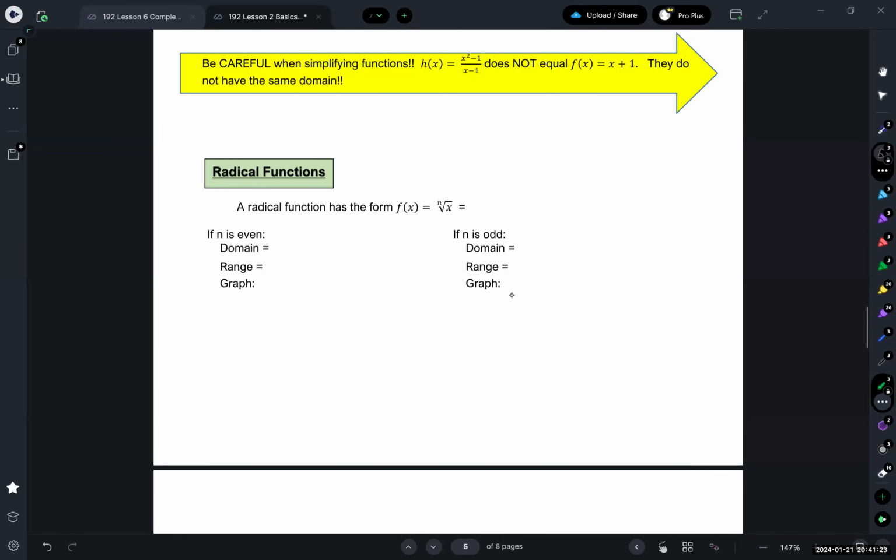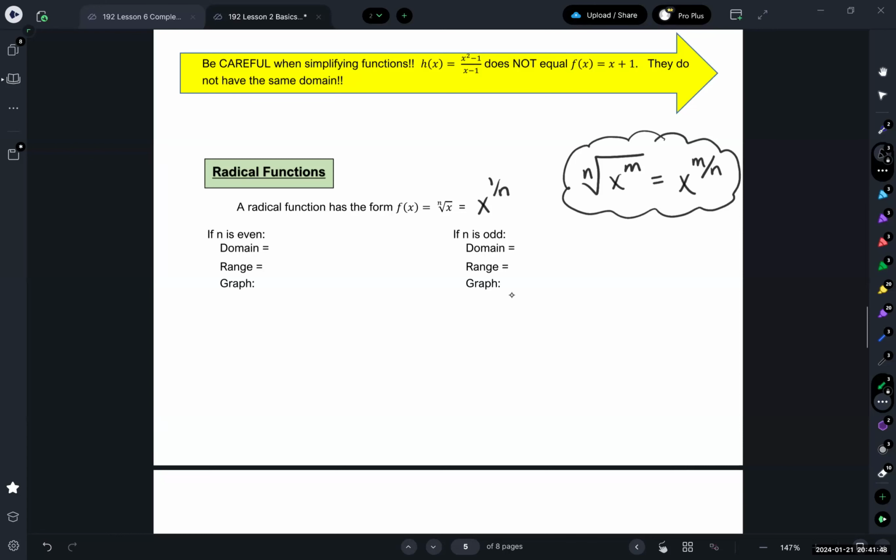So if you're talking about an nth root of x, that's the same as writing it as x to the 1 over n, right? And in fact, if you had a power on your x, like x to the m, that's x to the m over n. So this is going to be an important exponent fact that you'll need to remember.